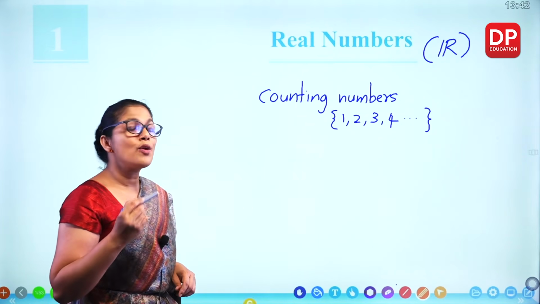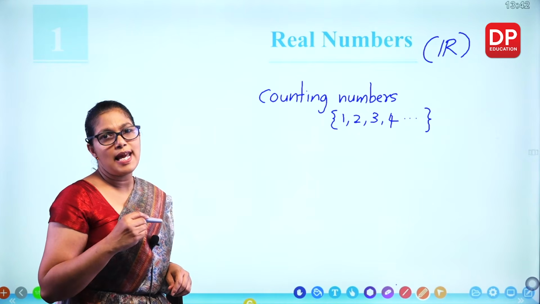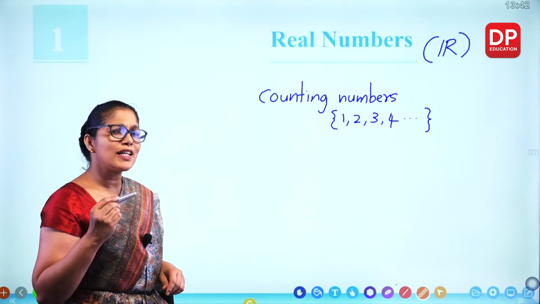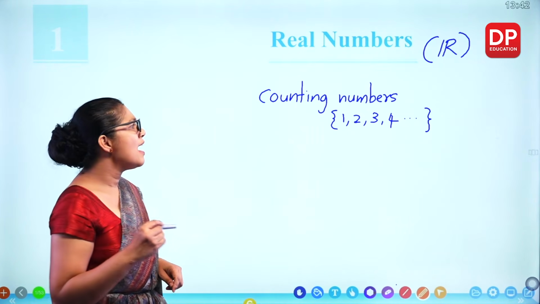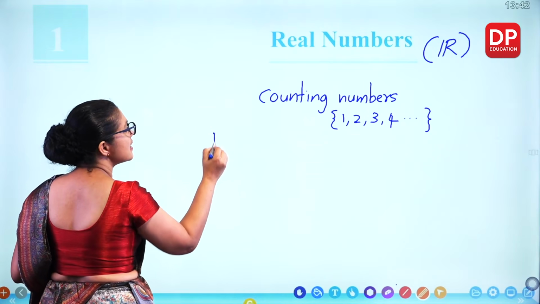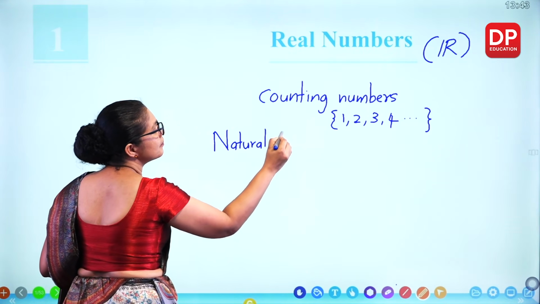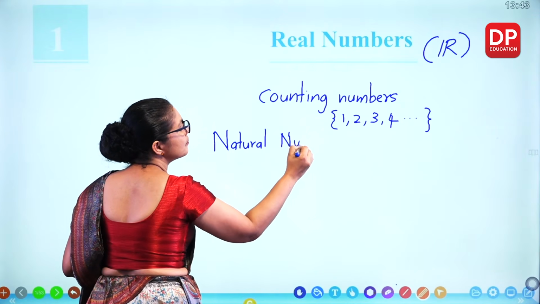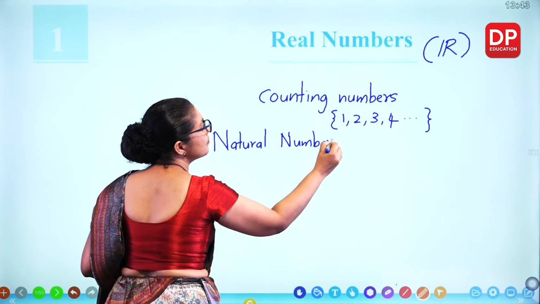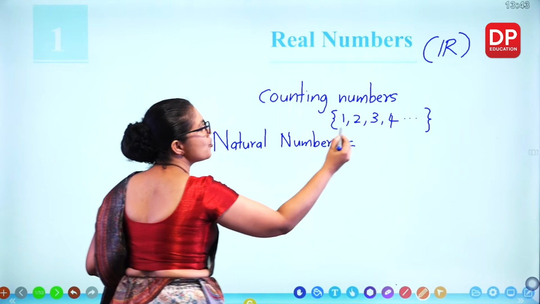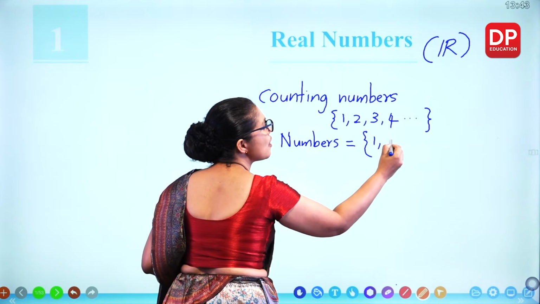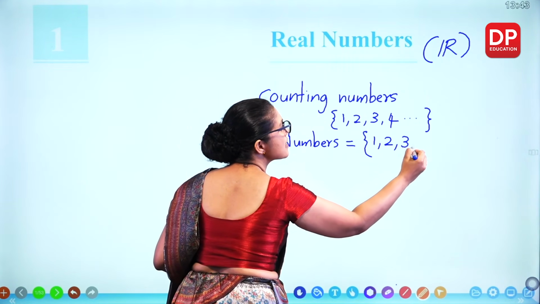But now we use another name for counting numbers. We call these natural numbers. So you get the same set of numbers as counting numbers.